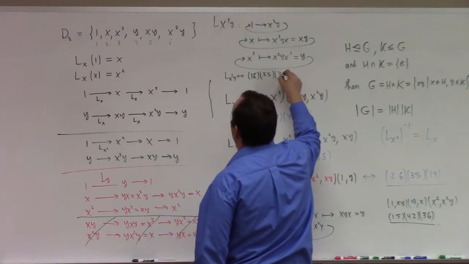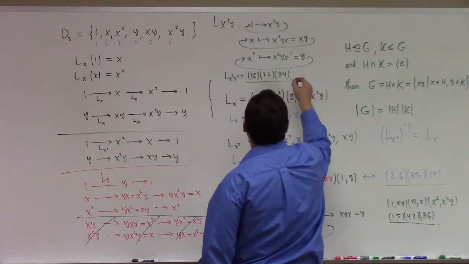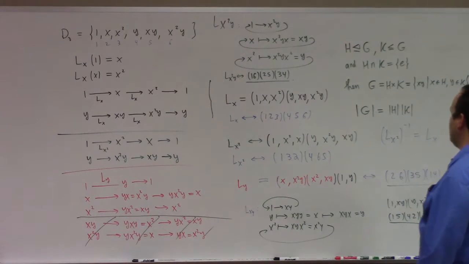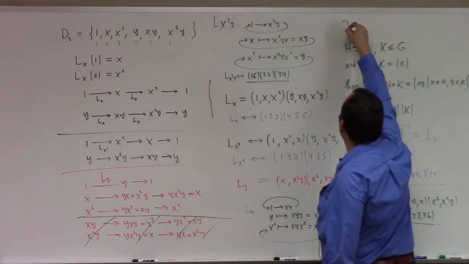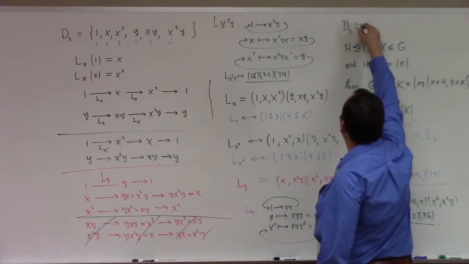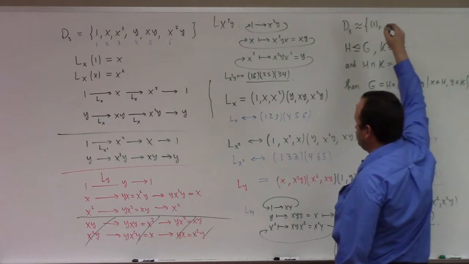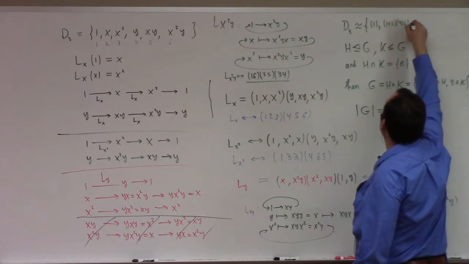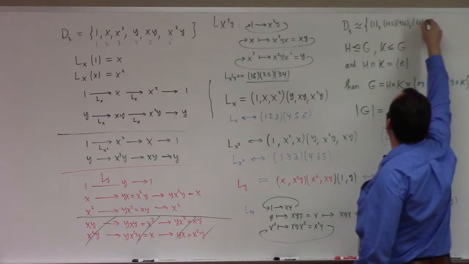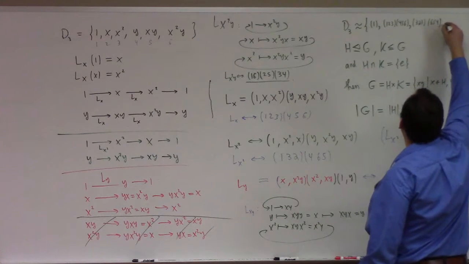Yeah, these are the times that you're happy that I let you guys work together. Let's see here. And I think that's it. We got all 5 of them, right? So apparently, D3 is isomorphic to the set, obviously 1, right? And then you got your 1, 2, 3, 4, 5, 6. You got your 3, 2, 1, 6, 5, 4, right?